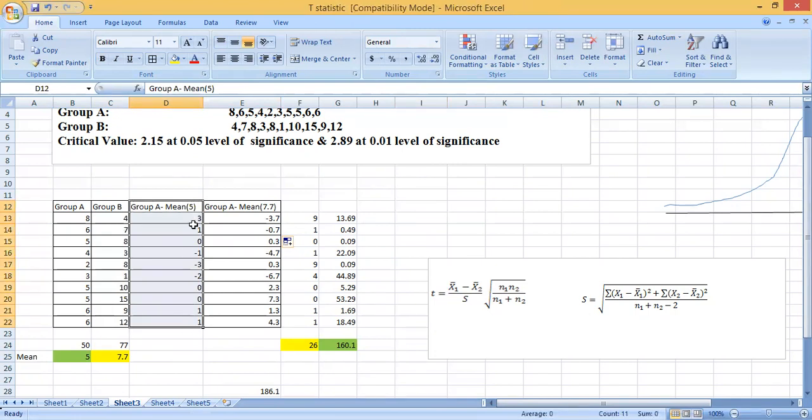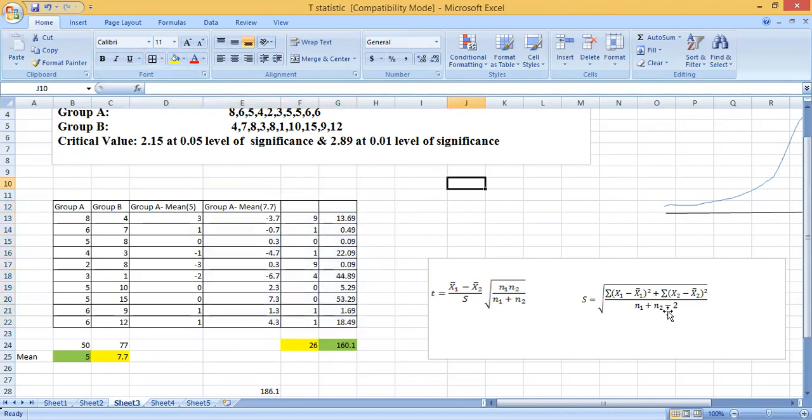So the square of 3 is 9, the square of 1 is 1. In this way, take the square of each element of this column. Now the squares of these values are here in this column, and I am taking this into my table.